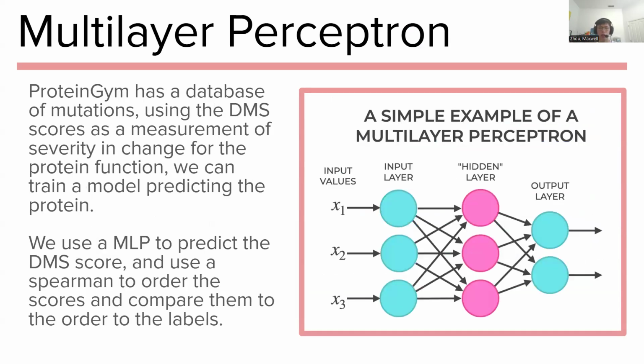The main thing we used for this project was a multi-layer perceptron, which is a series of layers of neurons, kind of like how your brain works. Basically it takes a series of inputs and additional context, learns through each layer, and then eventually narrows it down to an output.